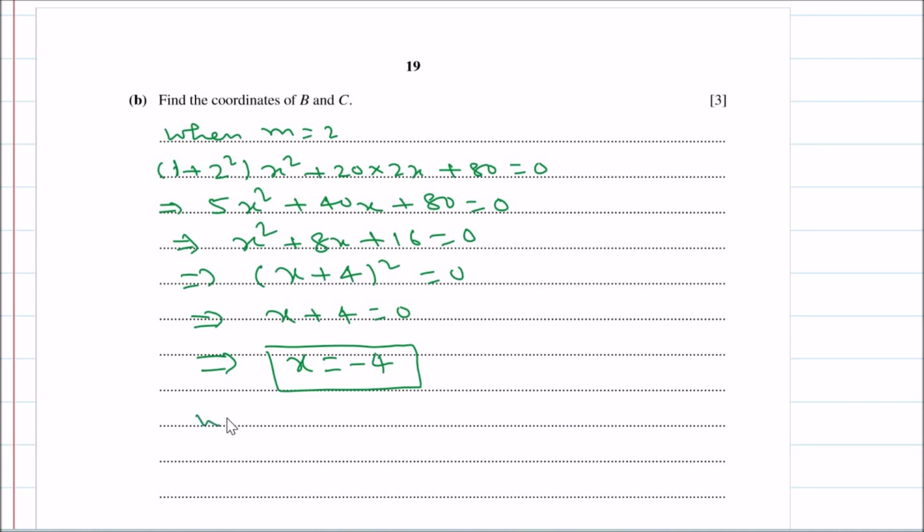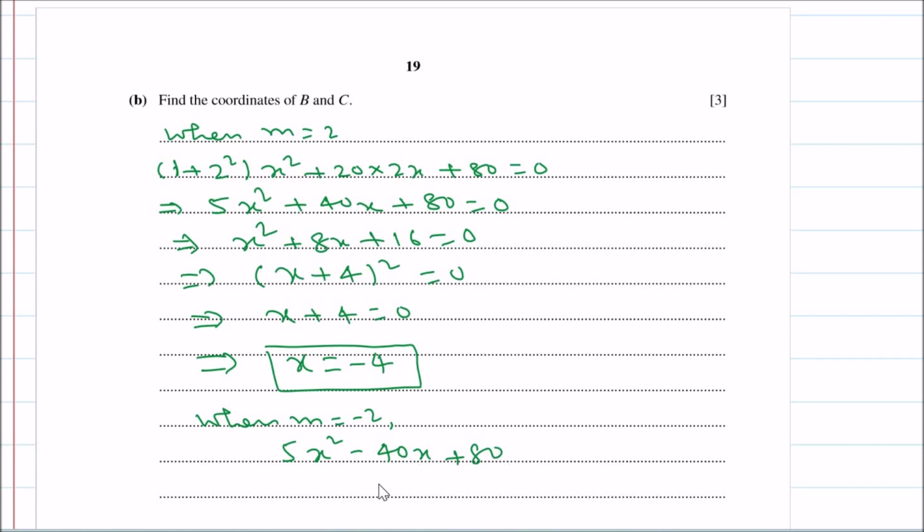When m is minus 2, in that case, we get the equation 5x square minus 40x plus 80.